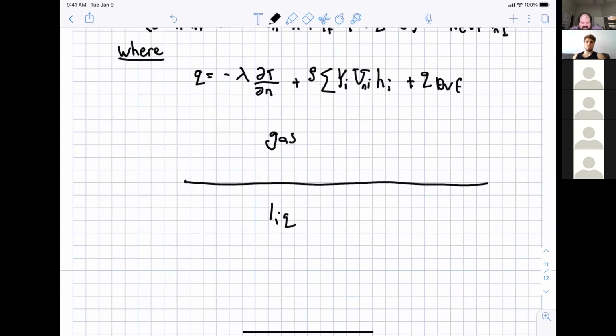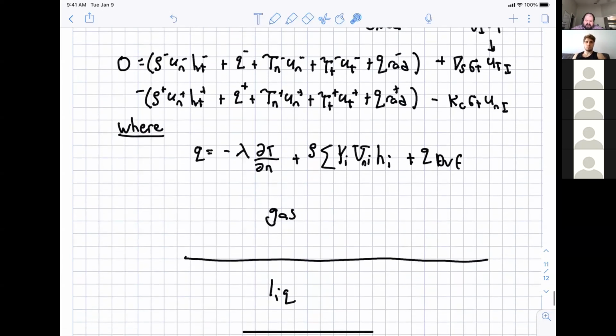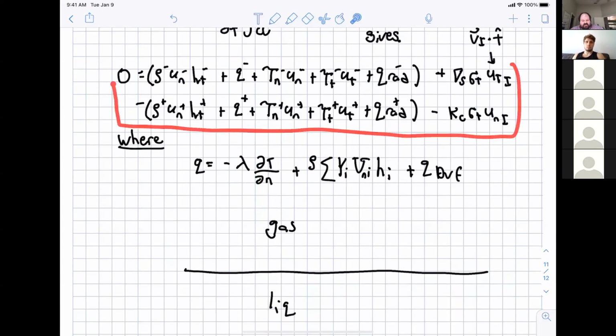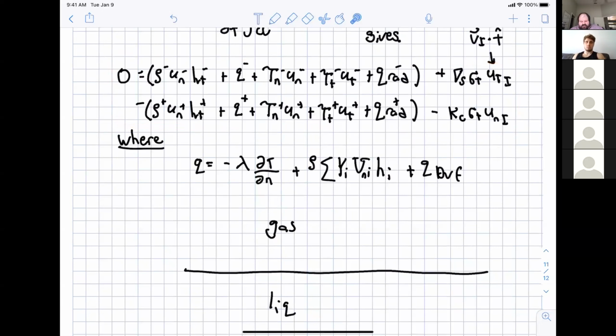So how you use these interfacial boundary conditions is to derive a boundary condition at the gas liquid interface that connects the two, and all that microphysics you were just talking about is baked into these expressions right here. And so you are turning what's going on at the surface into boundary conditions across the interface.